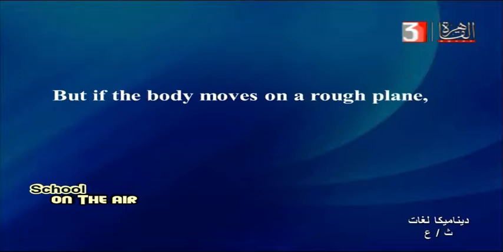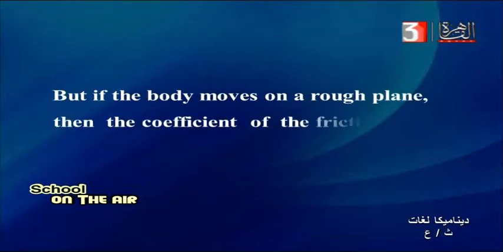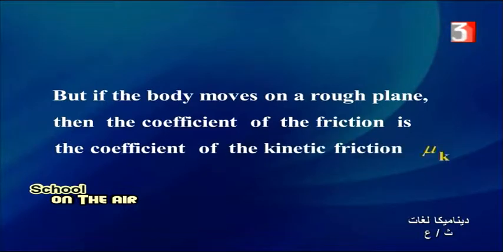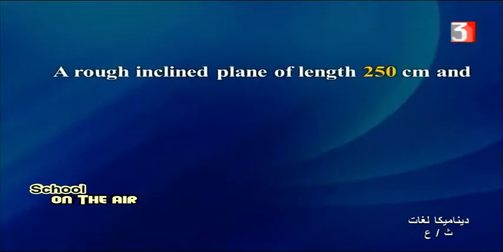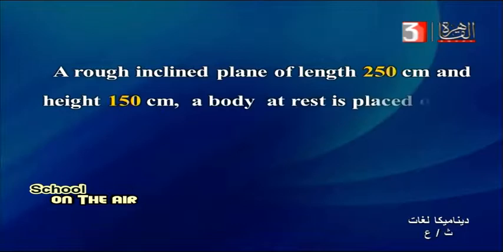But if the body moves on a rough plane, then the coefficient of friction is the coefficient of kinetic friction, mu k. Now let's start with the first example. A rough inclined plane of length 250 cm and 150 cm height.